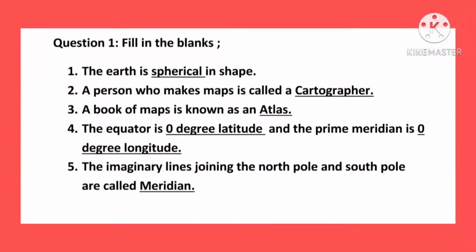Now see the fifth and the last one. The imaginary lines joining the North Pole and South Pole are called dash. Now what is the answer? That is meridian. Yes, very good.